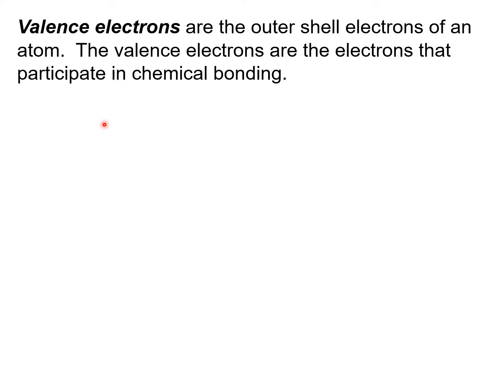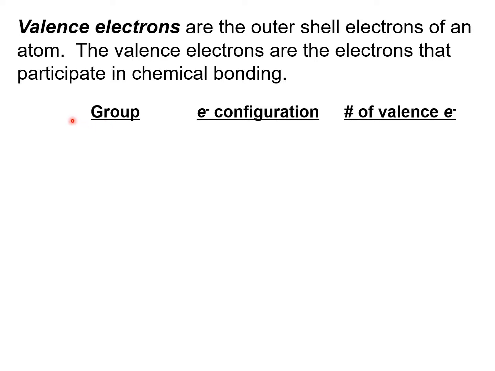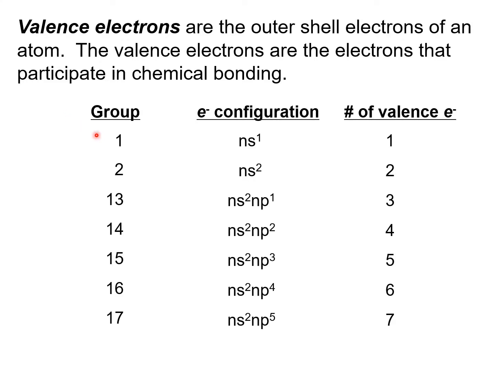As mentioned previously, the group number determines the number of valence electrons for the elements in that group. So for example, group 1 elements have 1 valence electron, and group 17 elements have 7 valence electrons. You'll notice also that the electron configuration is similar for all of the elements in a particular group.